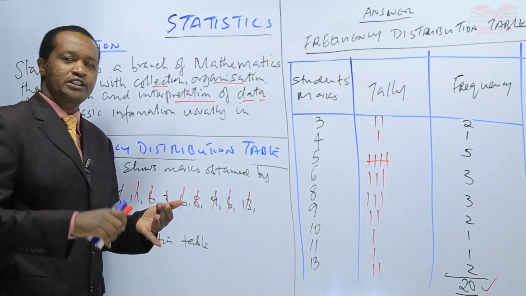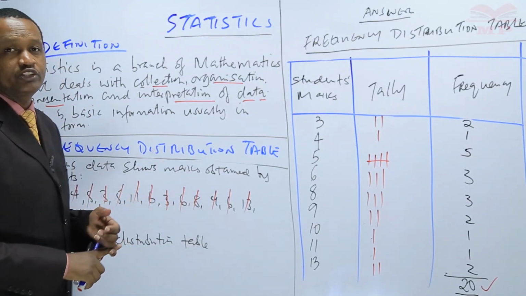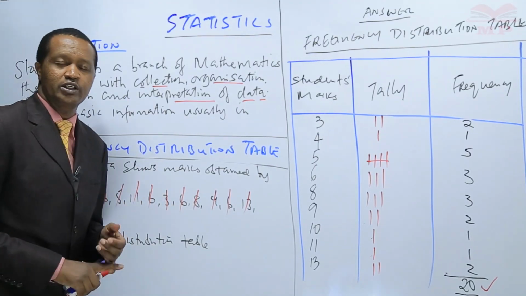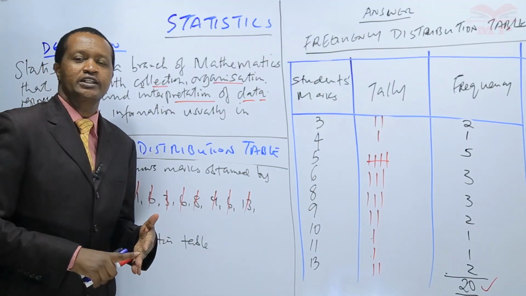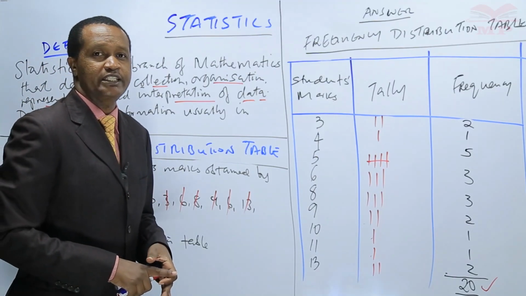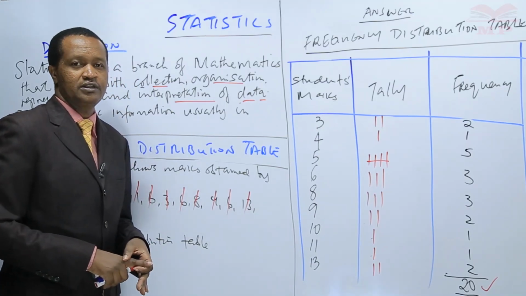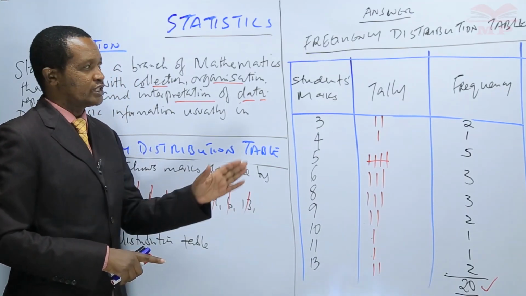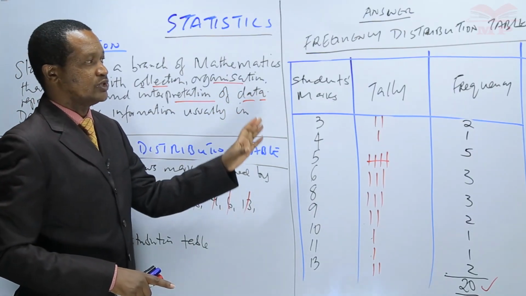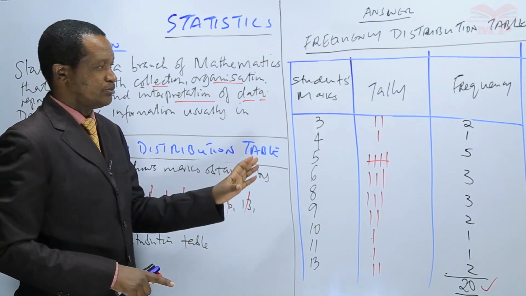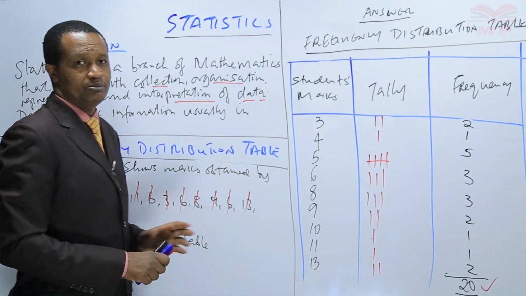We said that statistics is a branch of mathematics that deals with the collection, organization, representation, and interpretation of data. We have represented data in a frequency distribution table using 2 examples.